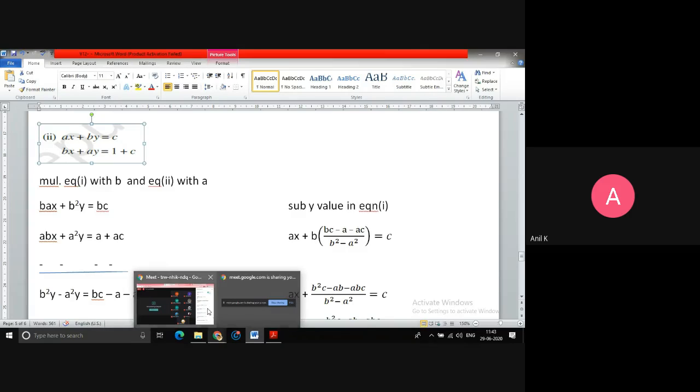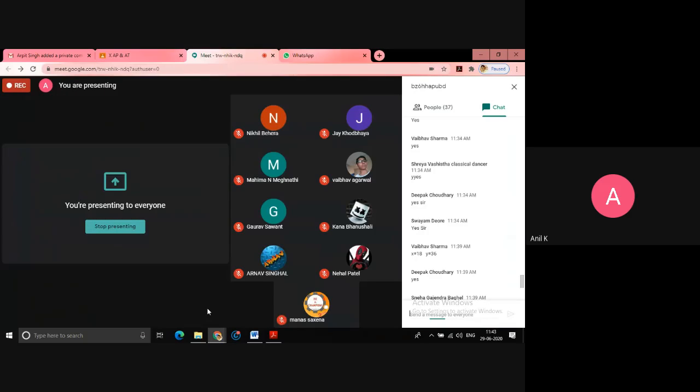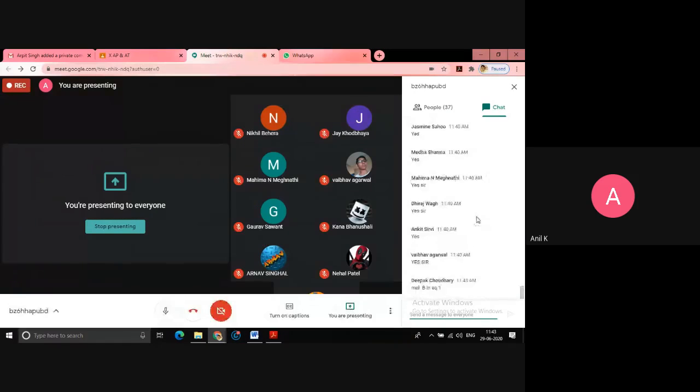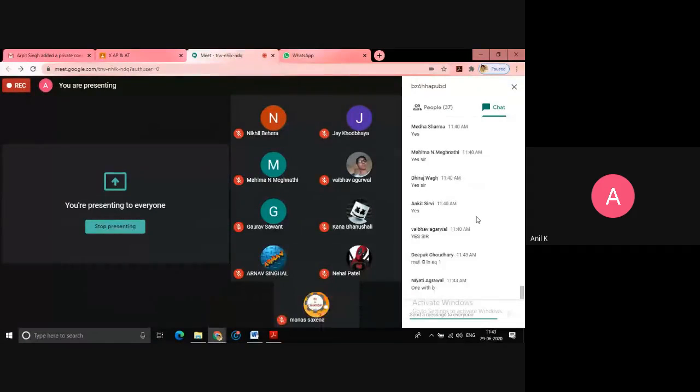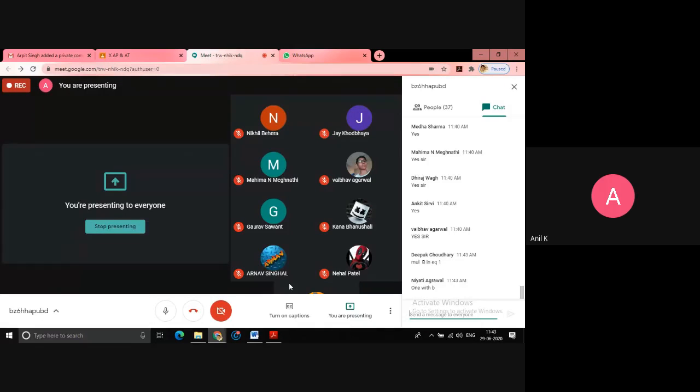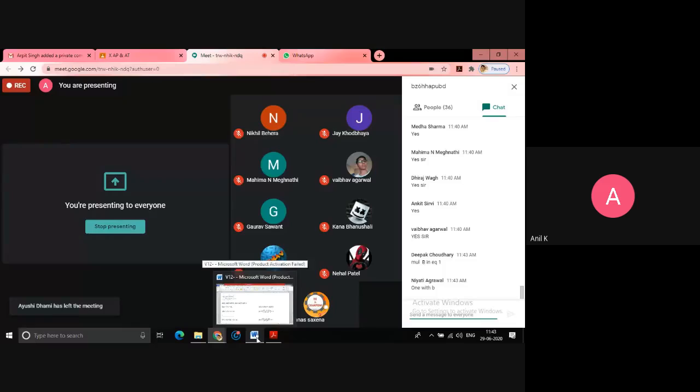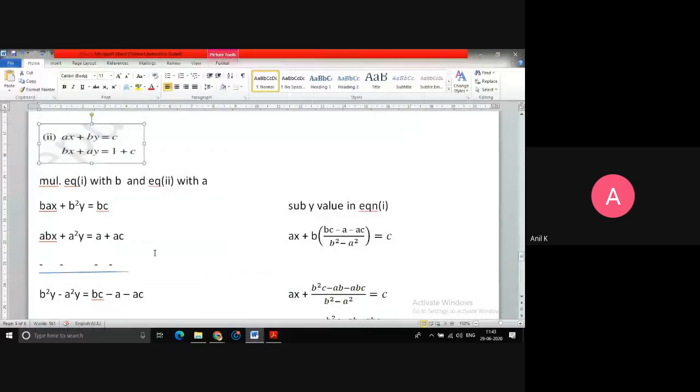Any guess? Multiply equation 1 with b, right, and equation 2 with a.